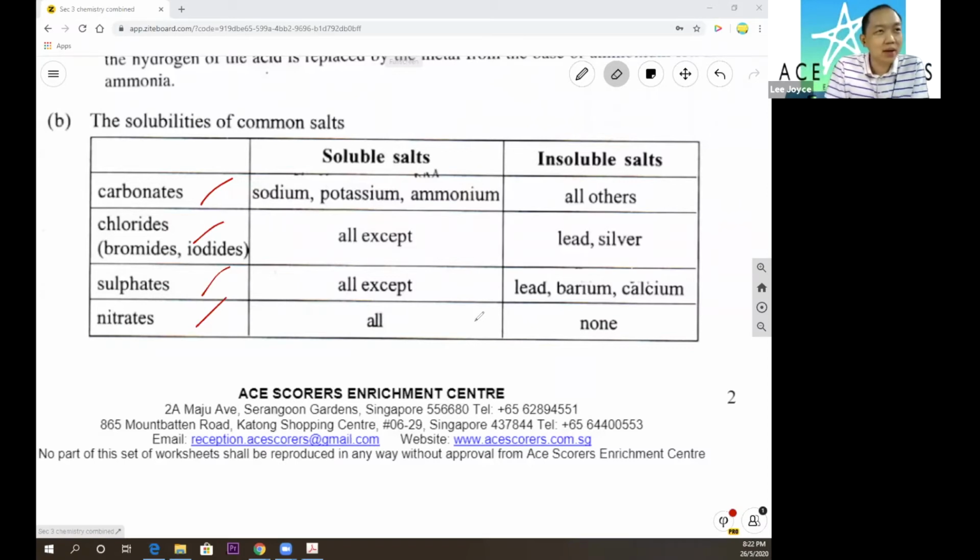Alright, let's try to memorize. I'm also trying to memorize. Let's see if I can memorize this.